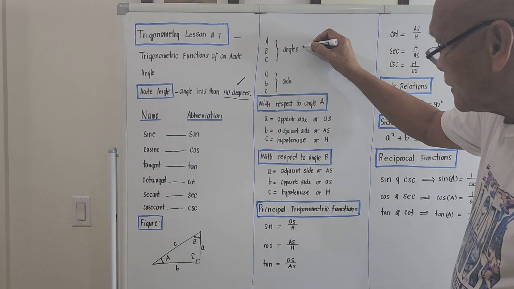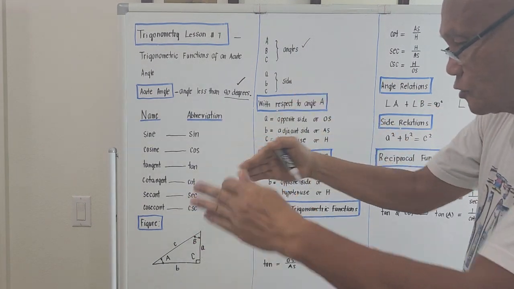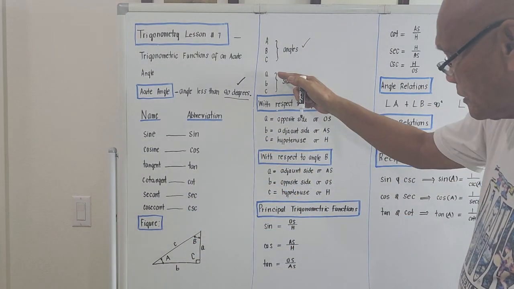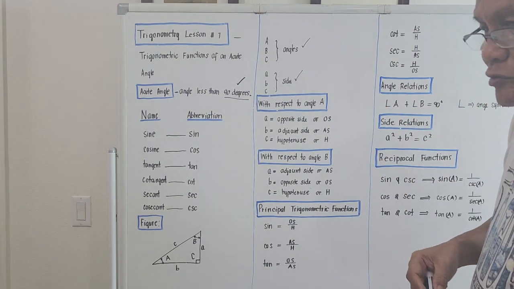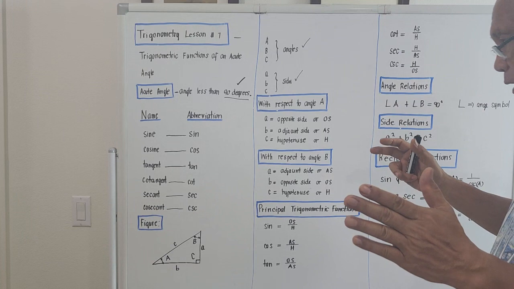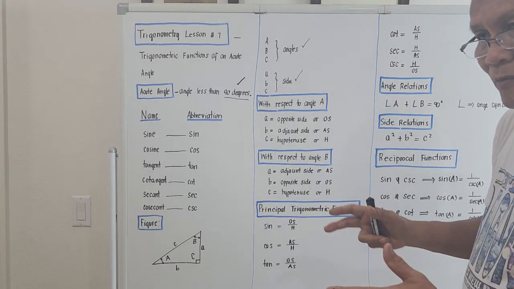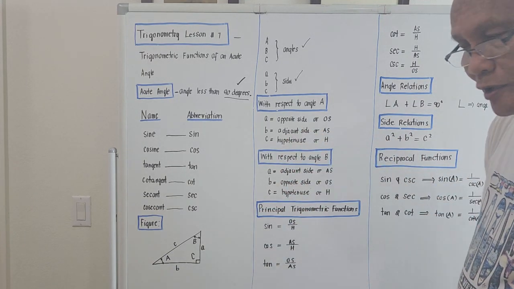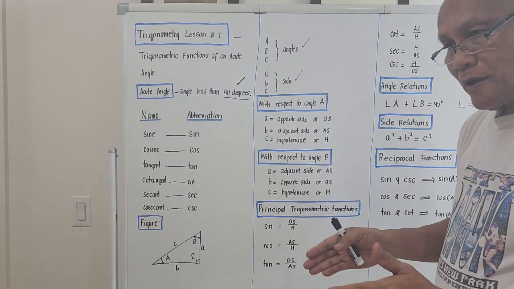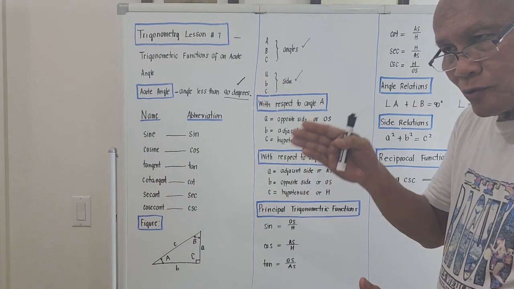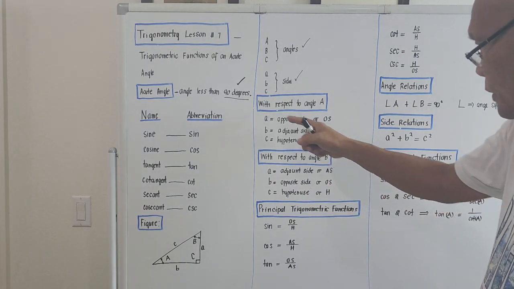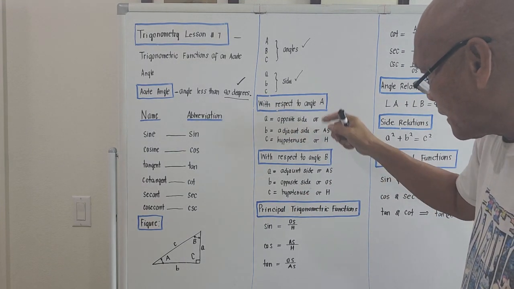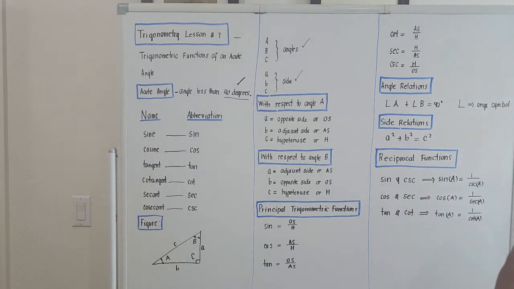Capital ABC are the inside angles of the right triangle, and the small abc are the sides. There are two variations on how to bring out the definition of the different trigonometric functions. It depends on what angle you are considering. That's why I place it here. With respect to angle A, where is angle A?